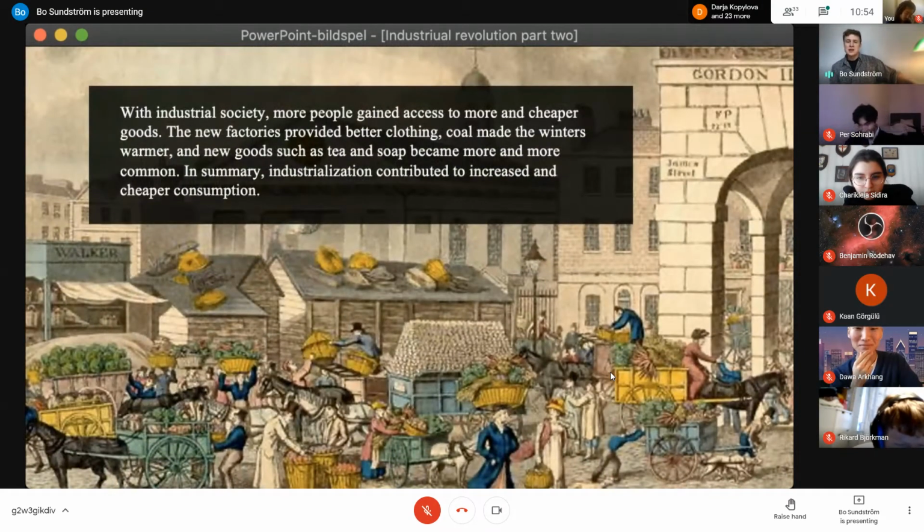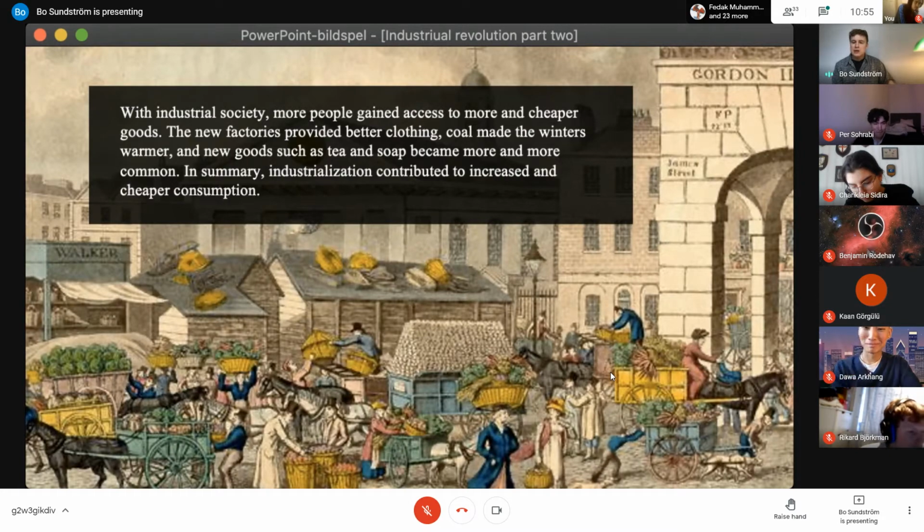With industrial society, more people gained access to more and cheaper goods that we have already addressed. The new factories that we had, especially in Manchester, Liverpool, and such industry cities, they provided better clothing and coal in the industrial society. That made the winters warmer, and new goods such as tea and soap that they received from trade could become more and more common.